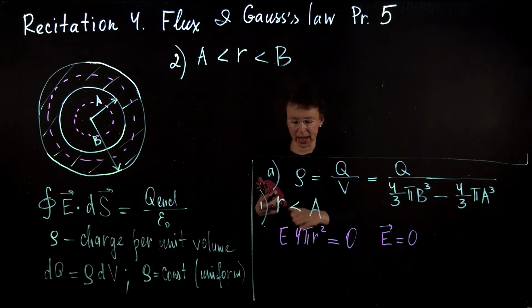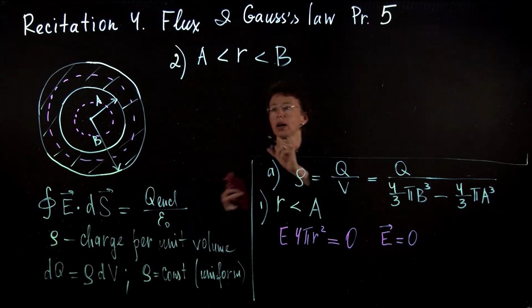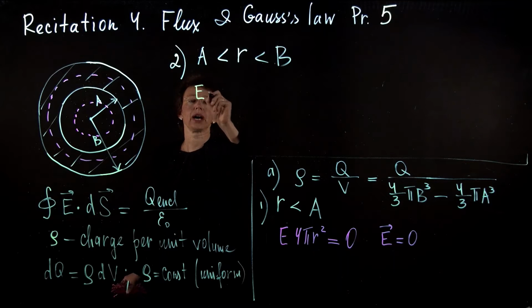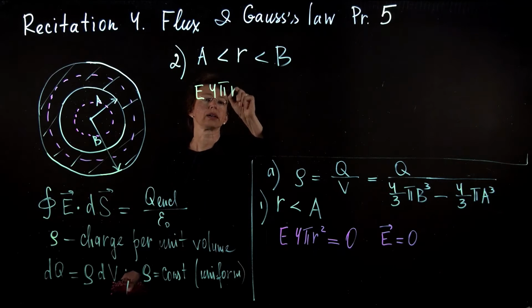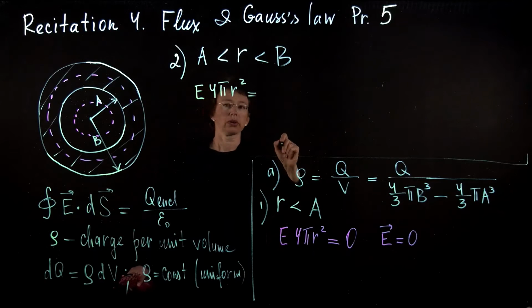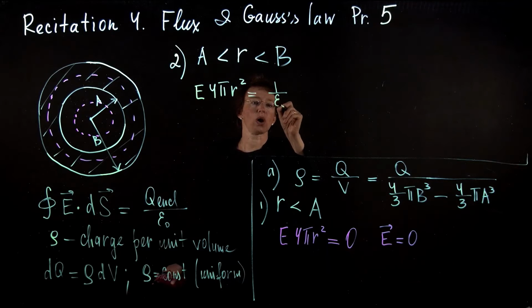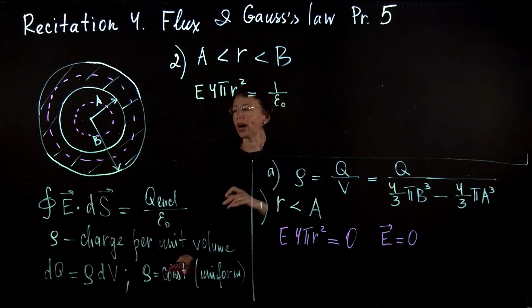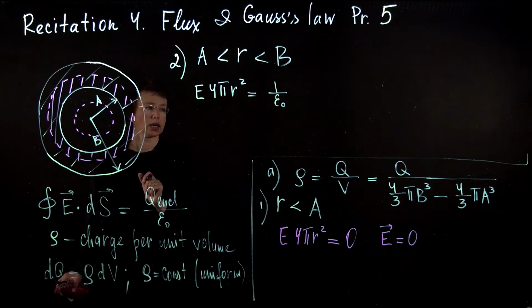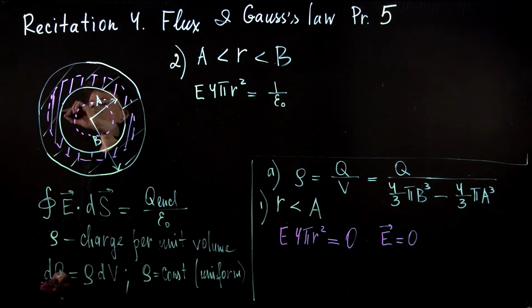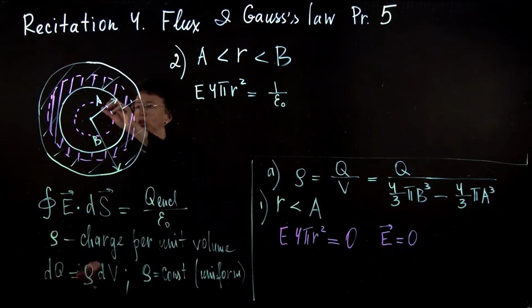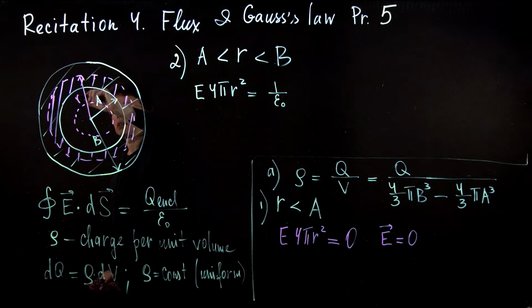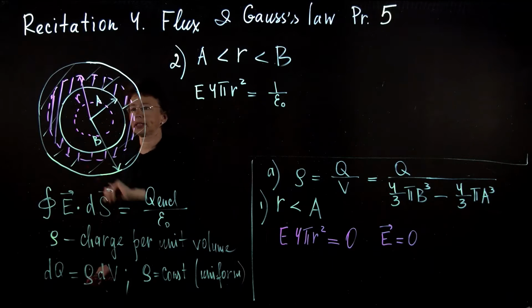The left-hand side will be the same: I have E times 4 pi r squared. The right-hand side is 1 over epsilon naught times Q enclosed. The charge enclosed by the Gaussian surface is the charge within this volume, so we need to find the charge between the sphere of little r and A.